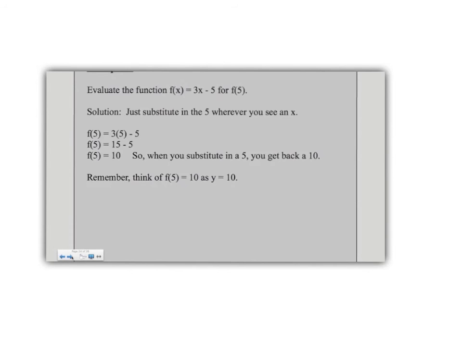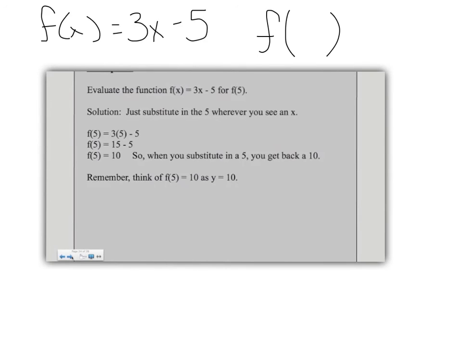So what exactly does that mean? All right, so I've got this equation, f of x equals 3x minus 5, and they're asking me to solve for f of 5. And you're probably thinking, wow, what? But it's actually a lot easier than it looks. We know that this is what the function of x is. Now they're asking, what is the function of 5?